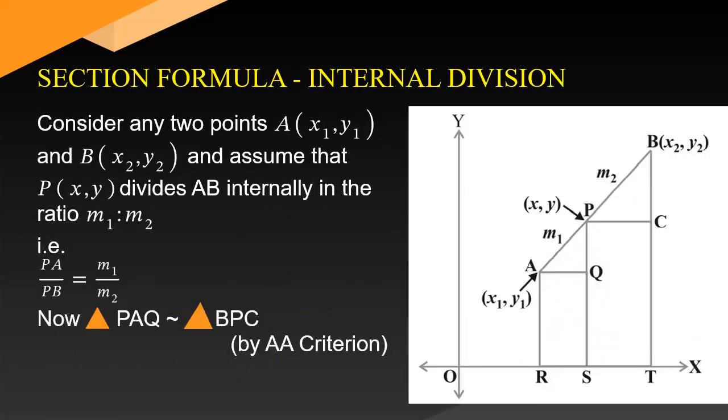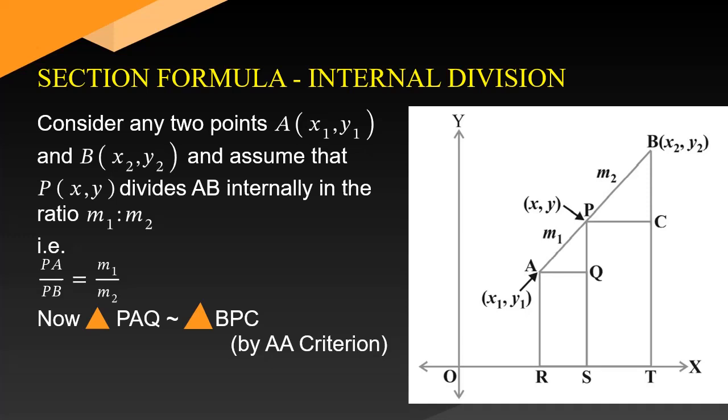Now moving towards the second part of coordinate geometry, which is the section formula. Basically, what do we mean by section formula? Section formula is used to find the coordinates of a point which divides the given line segment in any ratio.